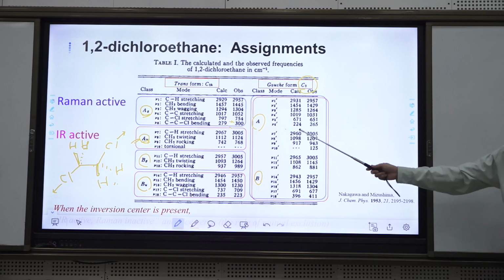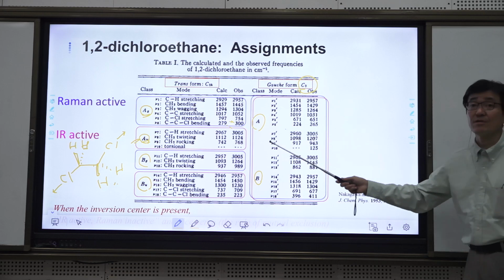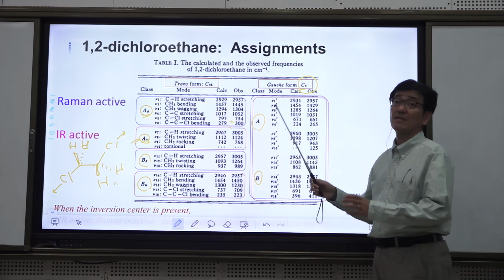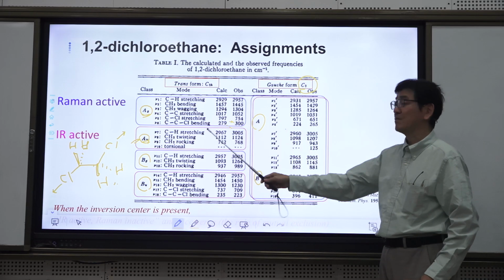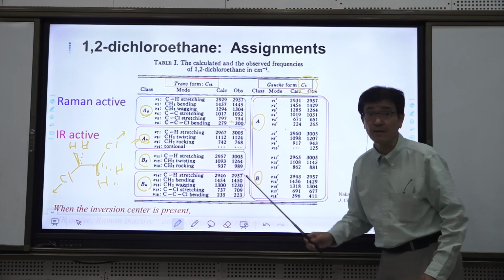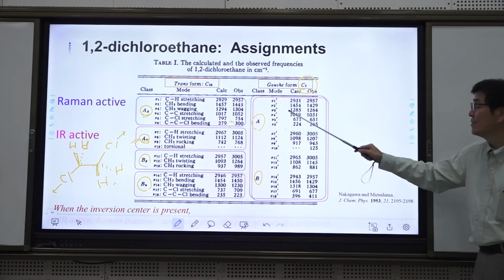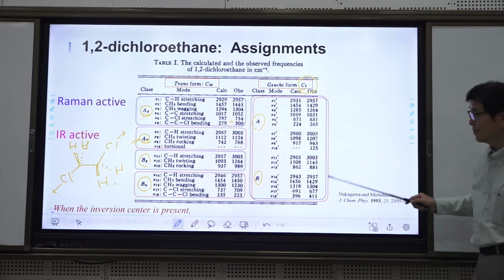Okay, this gives a hint to discuss the molecular structure. Raman active mode should appear in the Raman spectrum. IR active mode should appear in the IR spectrum. In this case, there is no selection.